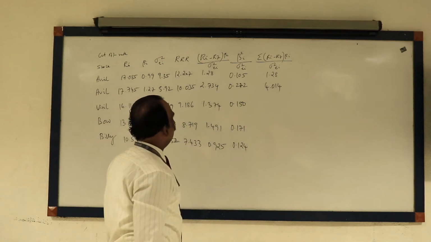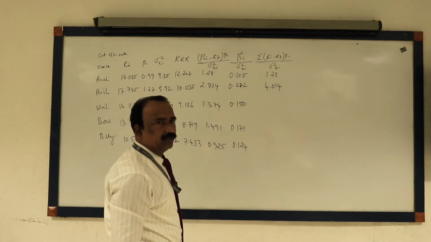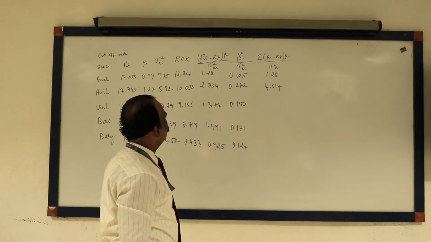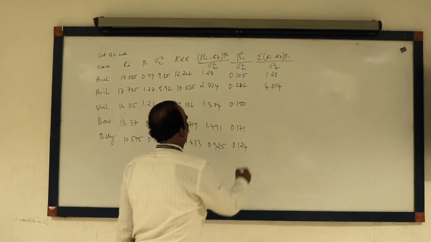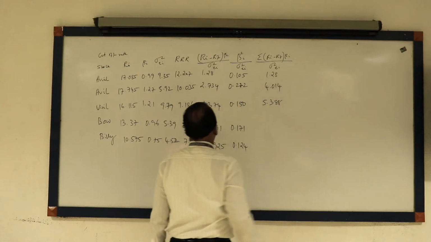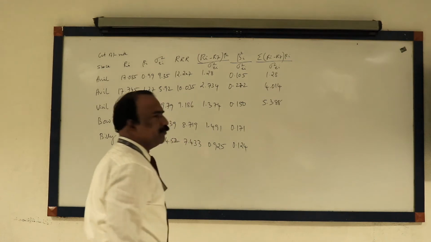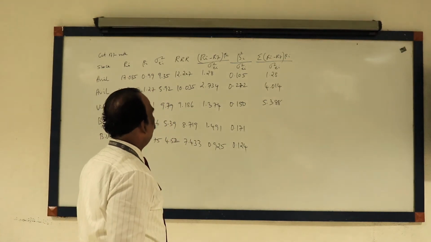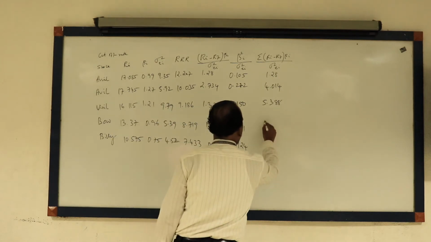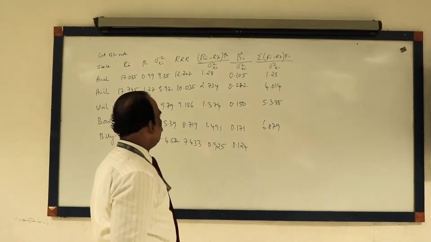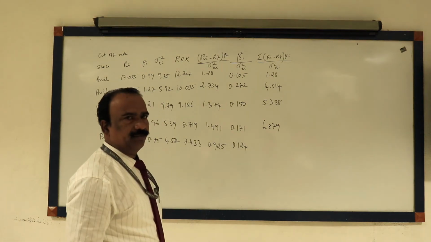Then 4.014 plus 1.374 comes to 5.388. Then 5.388 plus 1.491 is 6.879. Then 6.879 plus 0.925.